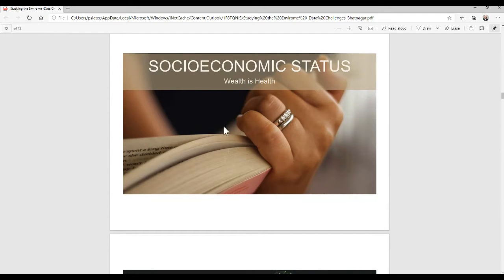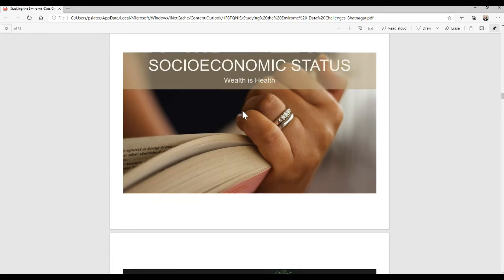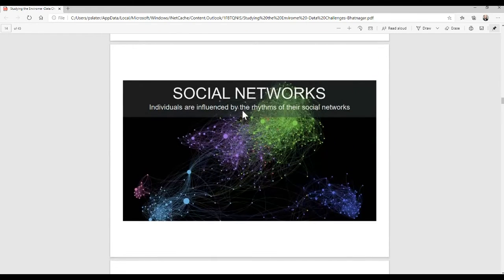In addition to the natural environment, we also have the social environment. And the social environment, if you can see on the next slide, is again a very complex milieu of social networks, our position in society, what we know as the social determinants of health.